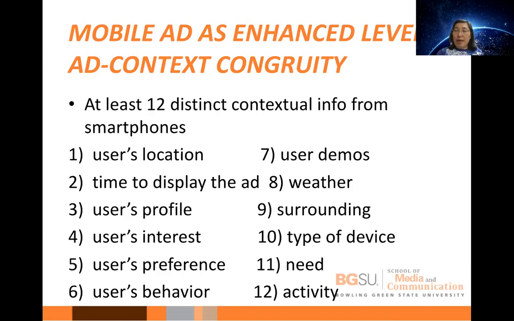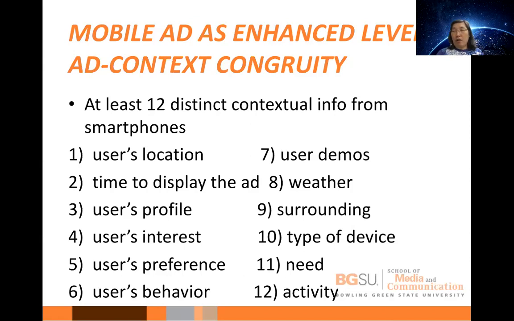The time to display the ad, whether in the morning, afternoon, whatever. User profile, user interest, user preference, user behavior, they are all logged in the smartphone if they have the app. The user demographics, especially if they registered for the account or the phone. The weather, because you know the weather, you can push the appropriate weather-related ad.